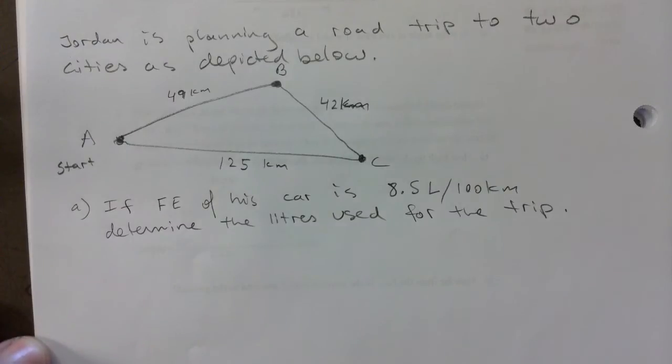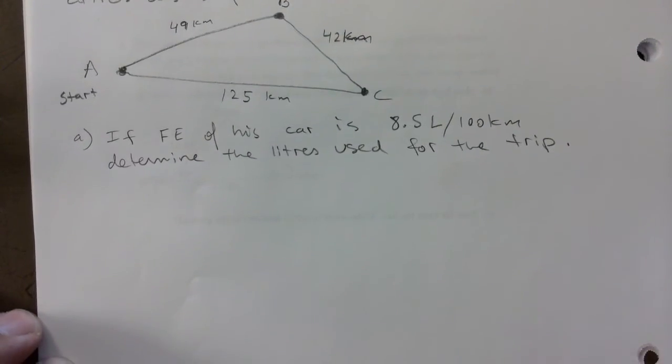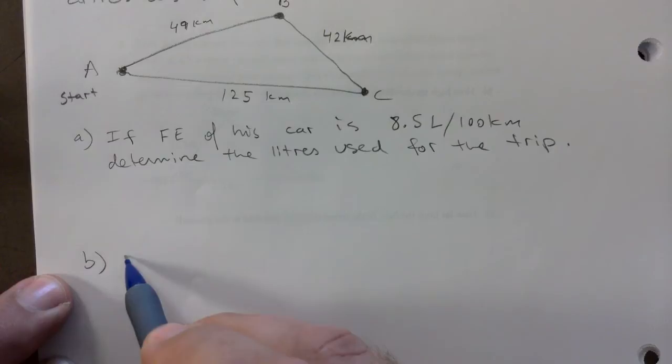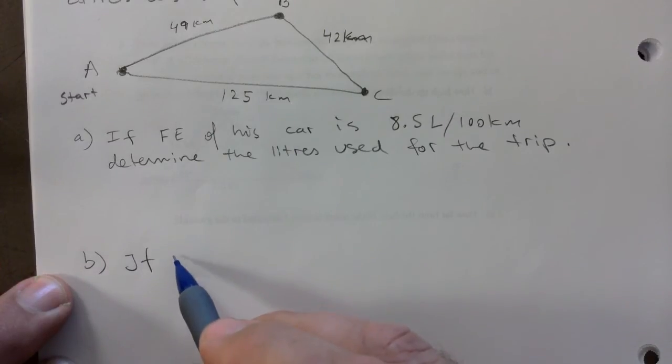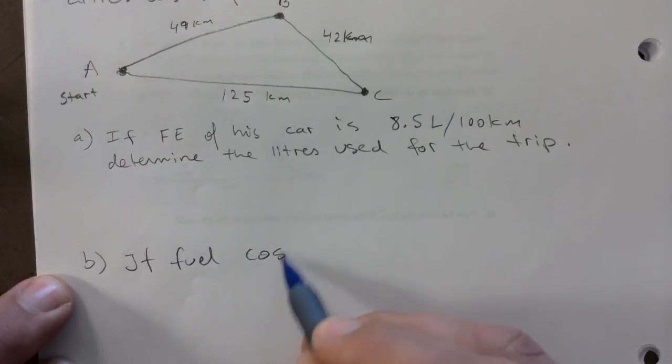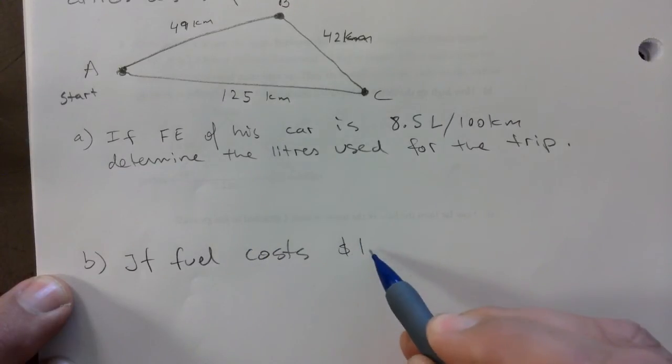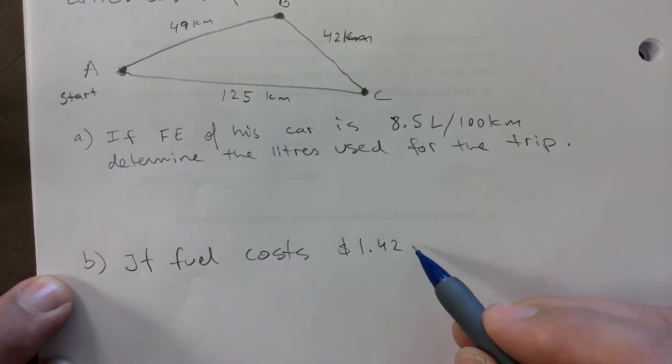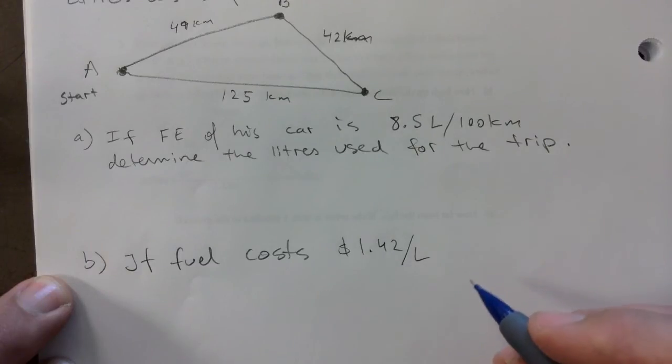And then I'll add B just below it here, give some space. B, if fuel costs, what is it now, $1.42 or something like that? 142.9, okay.